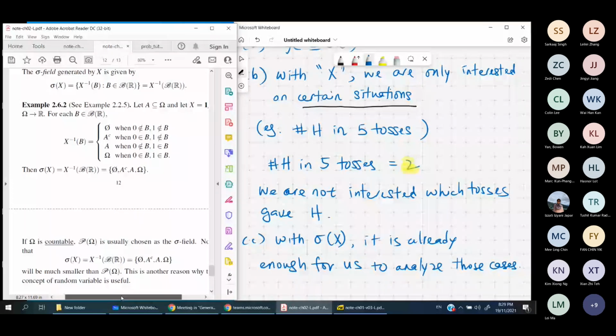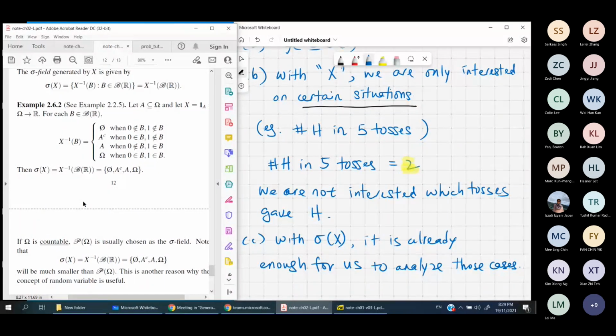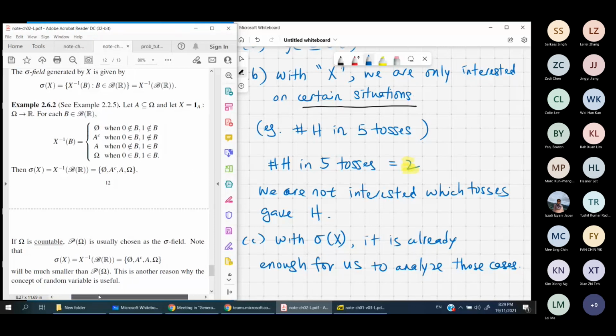So in this case, let's look at the examples here. Let's look at a very simple one. X is an indicator random variable, 1_A. Then we can see we only have 4 possibilities: the empty set, A complement, A, or omega.